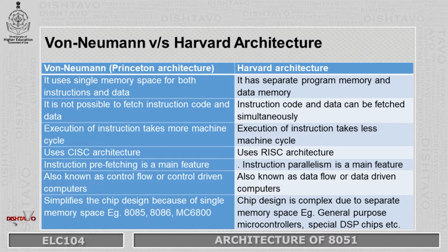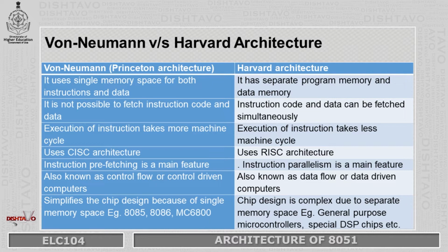Von Neumann is also known as control flow or control driven computers, and Harvard is also known as data flow or data driven computers. Von Neumann simplifies the chip design because of the single memory space, and examples are 8085 microprocessor, 8086 or MC6800.